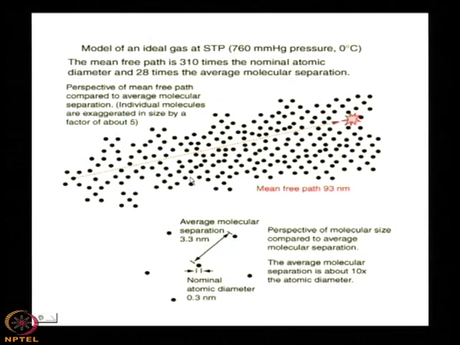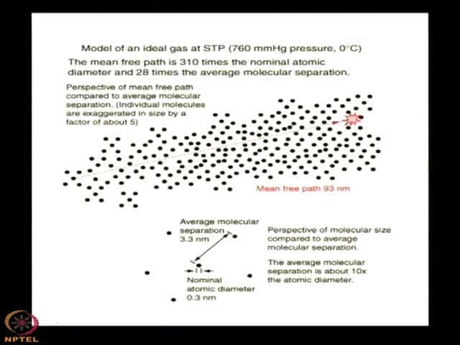Mean free path is the free space travelled by the molecule before successive collisions. Between two collisions, how much it can move without any collision.